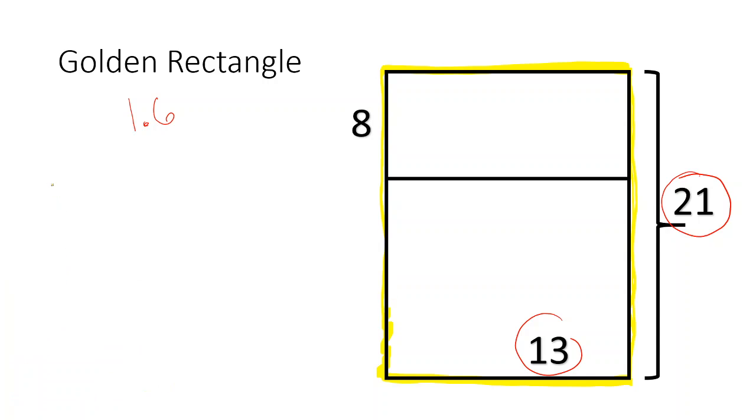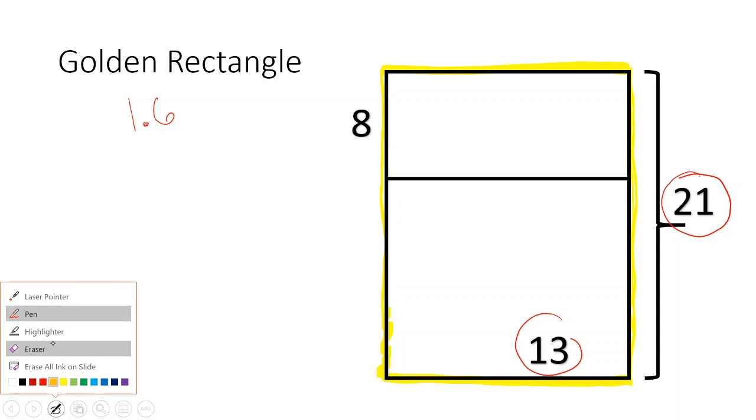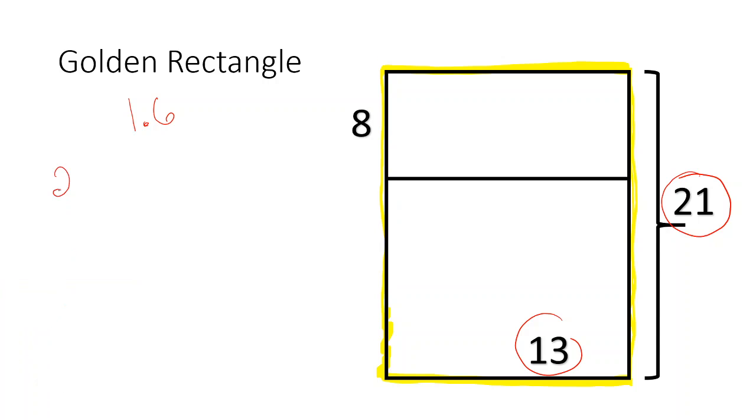The golden proportion associated with it is 21 over 13.